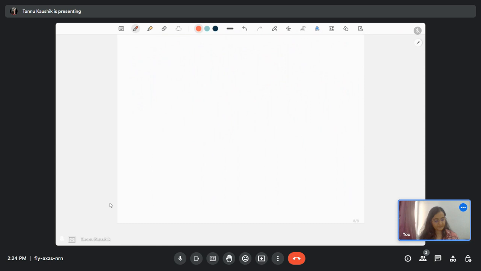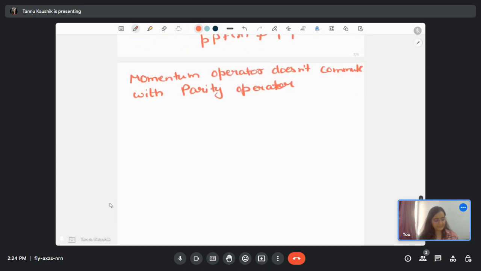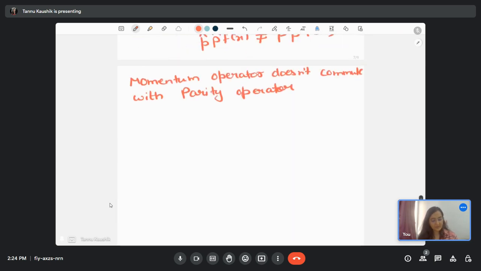Okay, I hope this is clear to you. So the position and momentum operators don't commute with the parity operator.